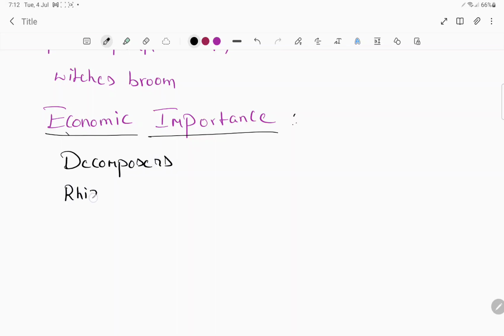Rhizobium mainly helps in fixing atmospheric nitrogen in the root nodules. Nostoc and Anabaena are also used as biofertilizers.